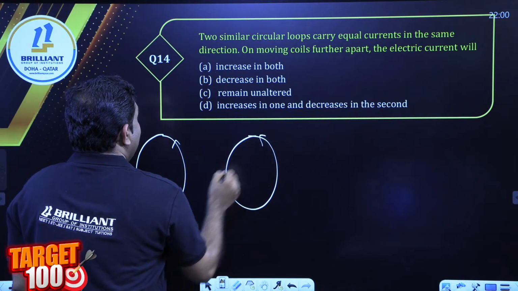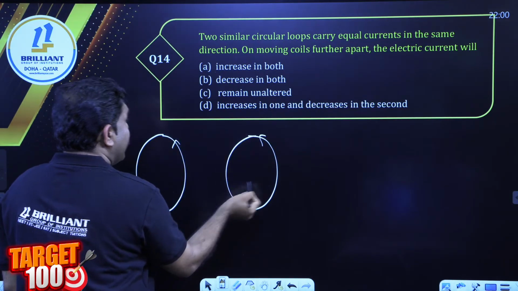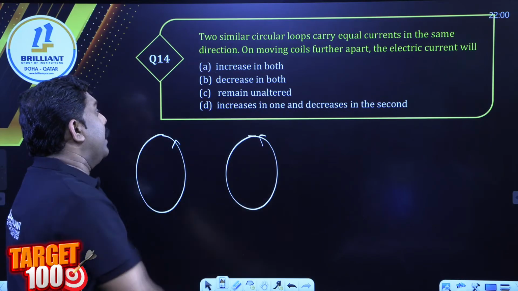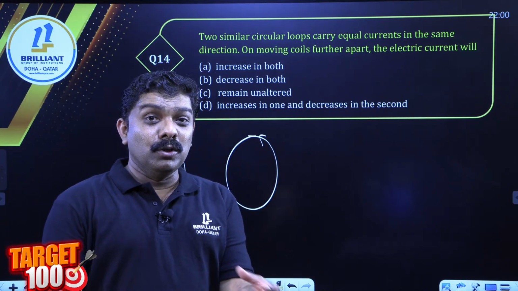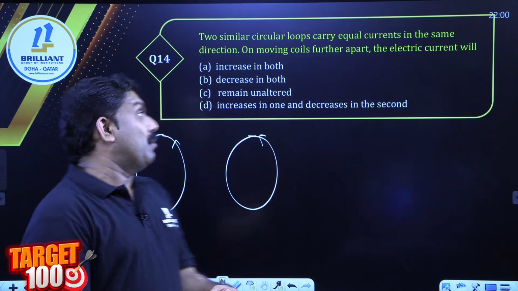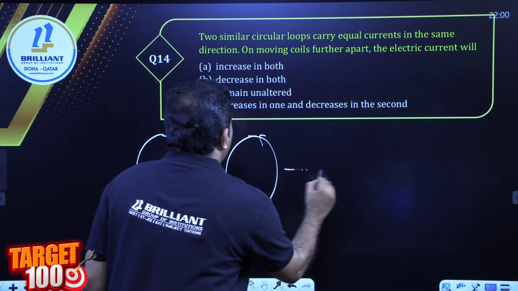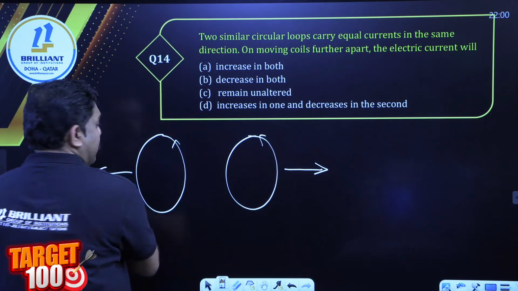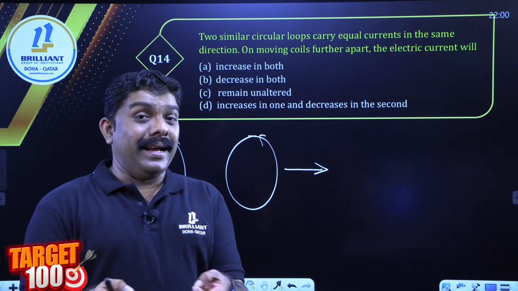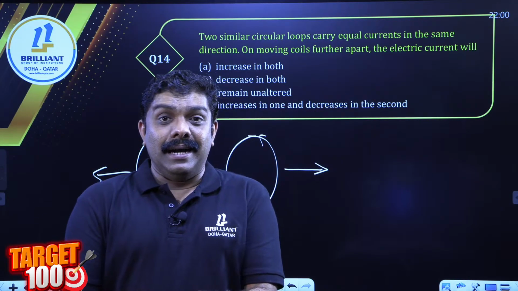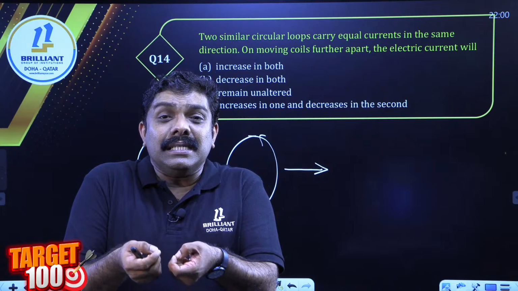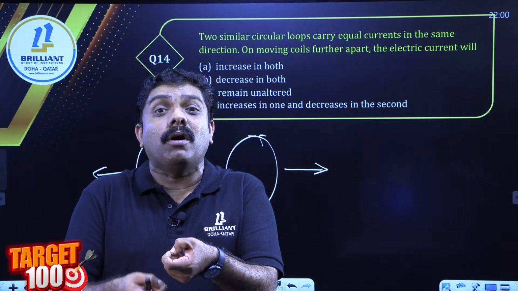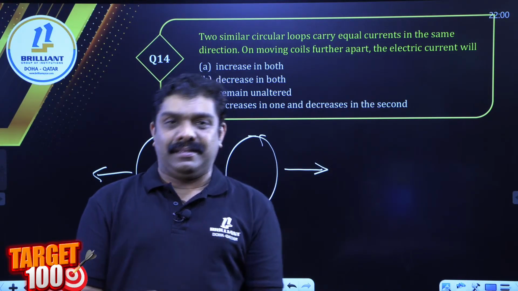If here it is anti-clockwise, here also anti-clockwise. Both loop currents will be anti-clockwise. Now when they are moving farther apart, what happens? According to Lenz's law, the induced current opposes the cause producing the change in flux.